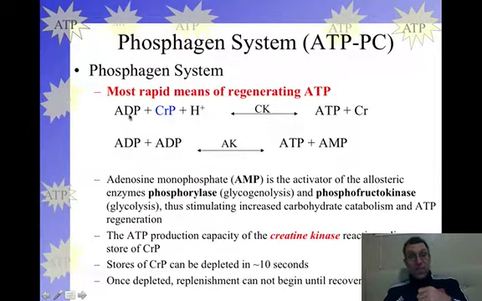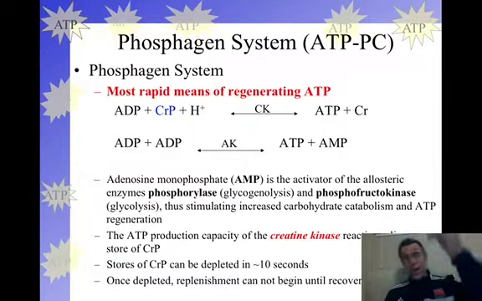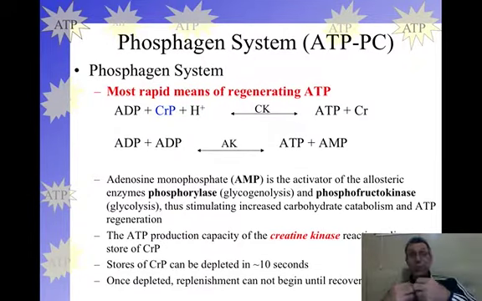They get together with the ADP, and with the magic of an enzyme called creatine kinase, CK, which is the main enzyme of this reaction, it essentially tears this phosphate off the creatine and adds it to the ADP, and it gives us a molecule of ATP, which is all we want. Then that poor creatine is now all by itself, and thankfully it can join up with another free inorganic phosphate that's floating around to reform creatine phosphate.